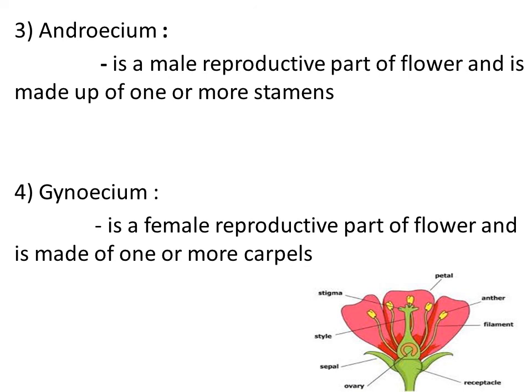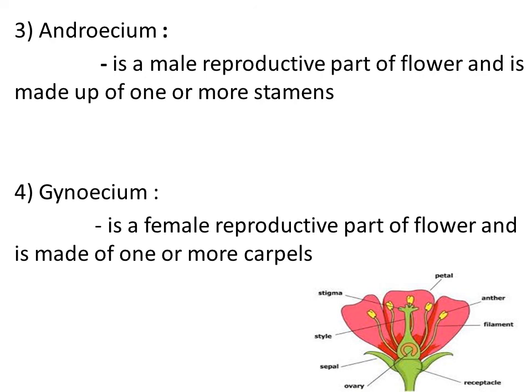In the next video we are going to study the different conditions of male and female reproductive parts of a flower, because there are different conditions we can see in different flowers if we look into the reproductive parts like androecium and gynoecium, right? And one more thing we have to understand here is the types of flower based on the presence of reproductive parts.